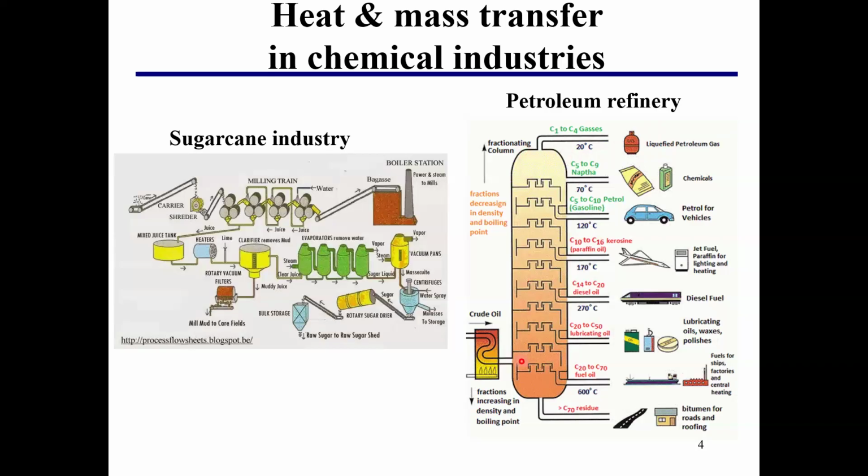So both these units, the reboiler and the condenser, are a type of heat exchange unit. So now you can again see that, in a different industry, heat exchange equipment is pretty important, right? And we will also see how mass transfer is involved in this distillation column.